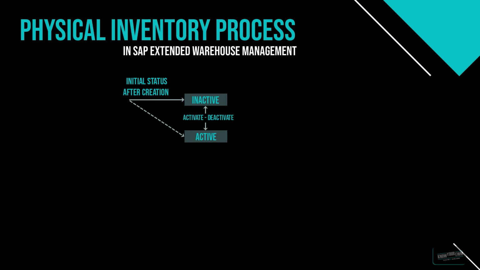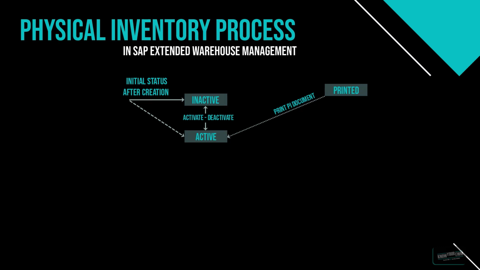If the physical inventory document is marked with the status inactive, you can always activate it manually. With setting up a PPF action, you also have the possibility to print the physical inventory document.